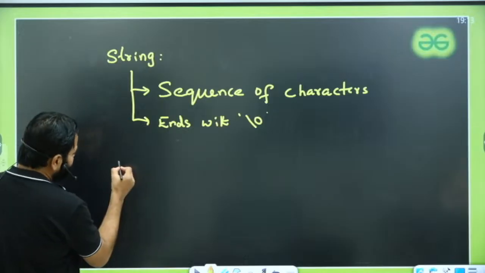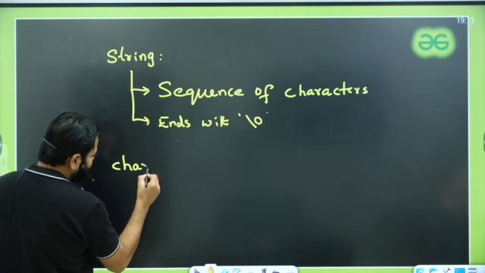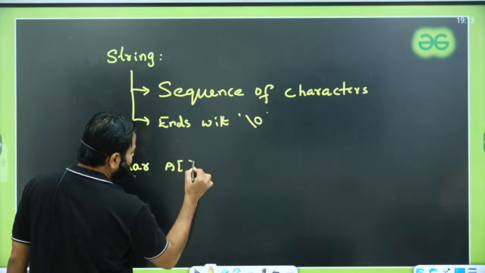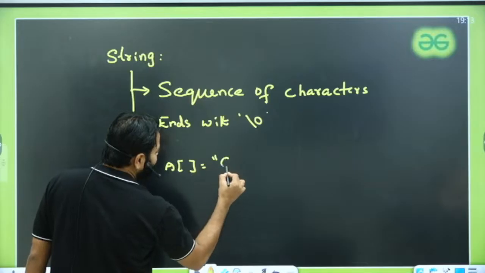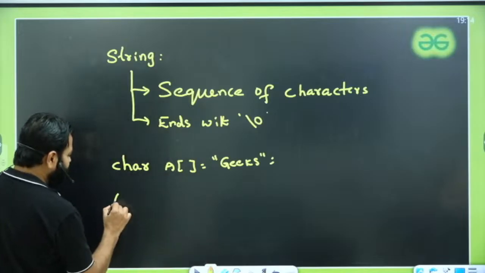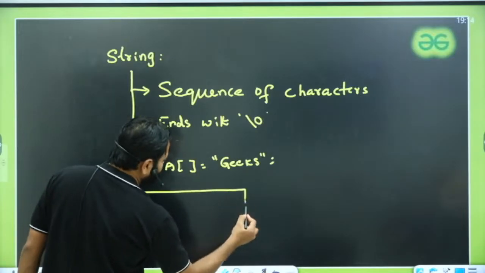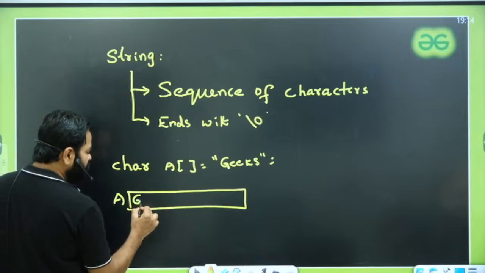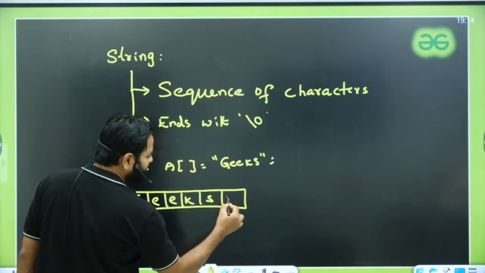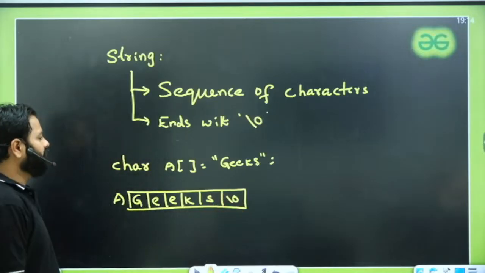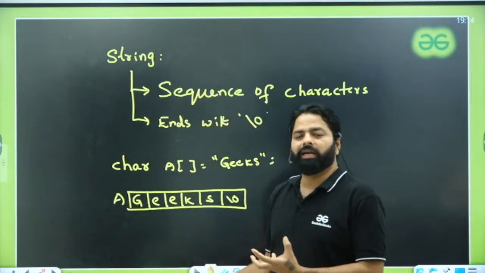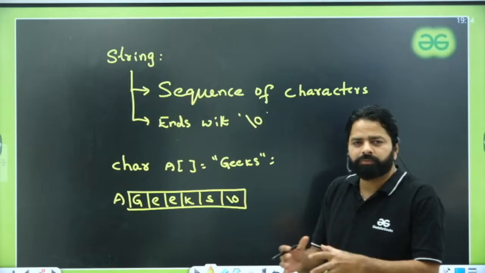In case you are going to declare a character array, let's say char a of, if you store, let's say geeks, what happens here? A is an array. The size is calculated based on the string that you have assigned. G stores here, E, E, K, S, and especially every string ends with a null character. And this is what is called a string in C language. Every string ends with a null character. I hope you understood the first point, what is a string.